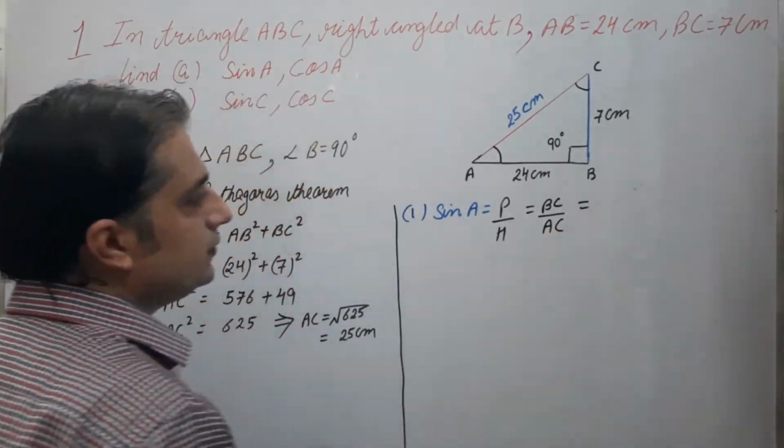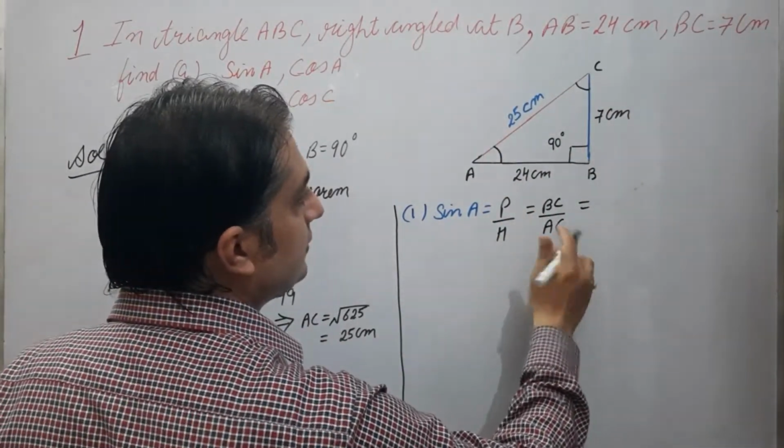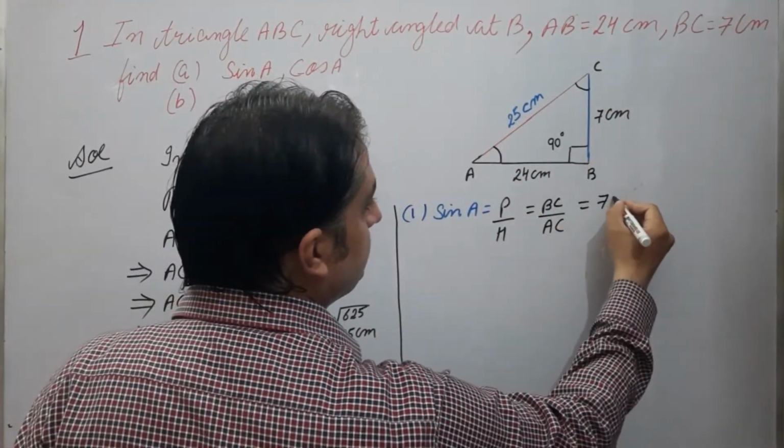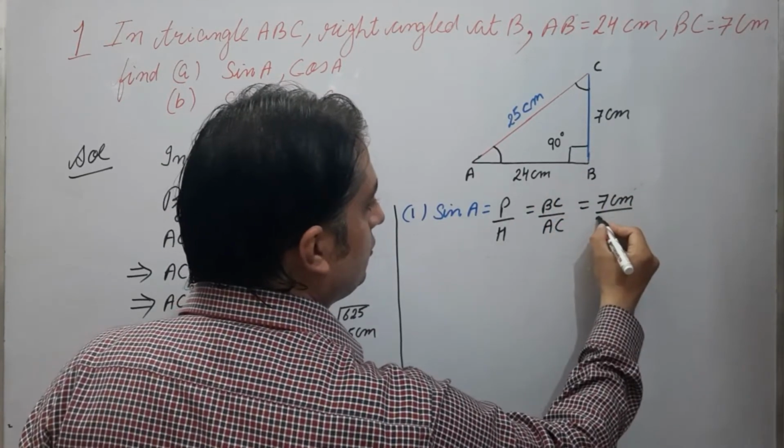Just put in the values: BC is 7 centimeters, and AC is 25 centimeters.